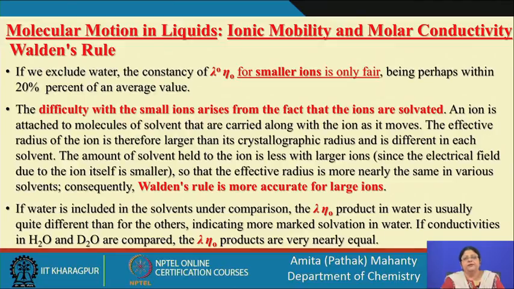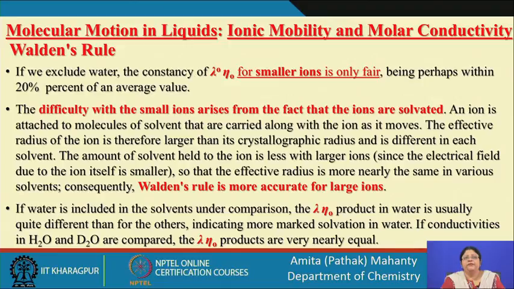And if they are carrying more solvent molecules with them, then these are the solvated ions. The radius of the solvated ions is obviously going to be much larger when the ions are smaller, because of the charge density sitting on a small ion.